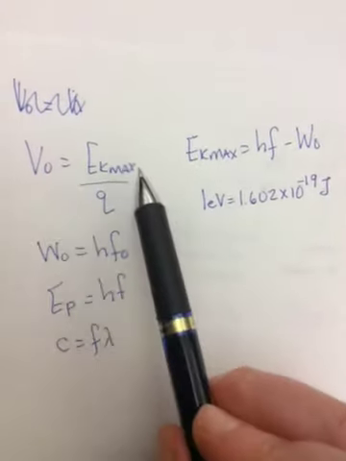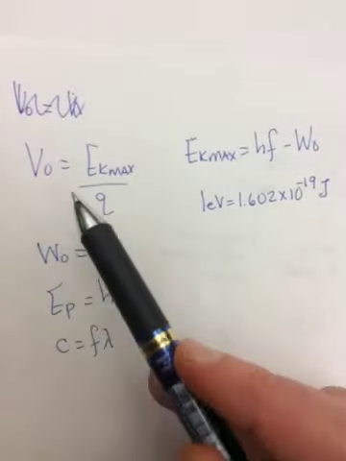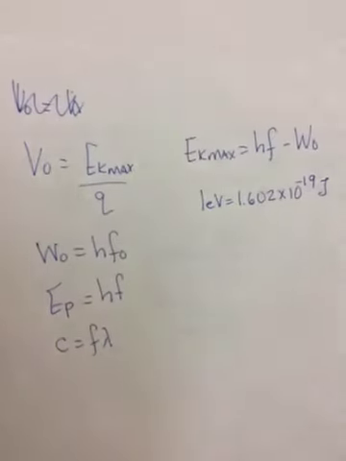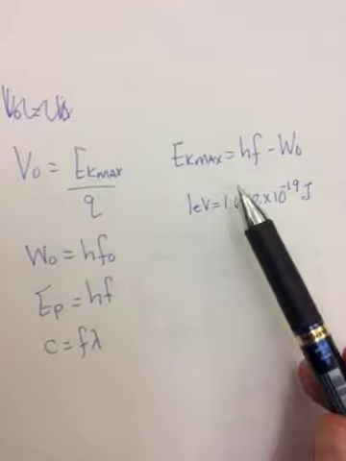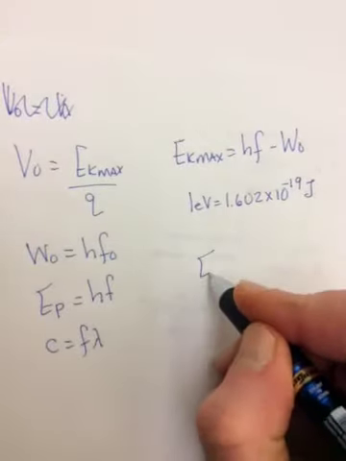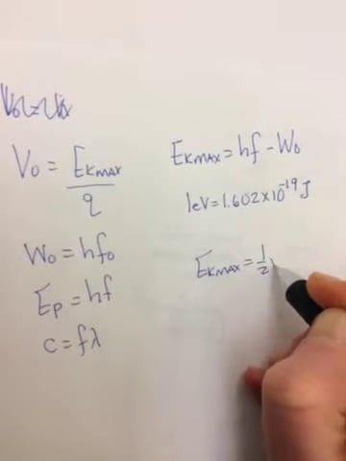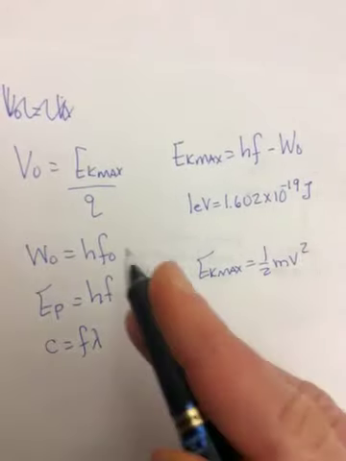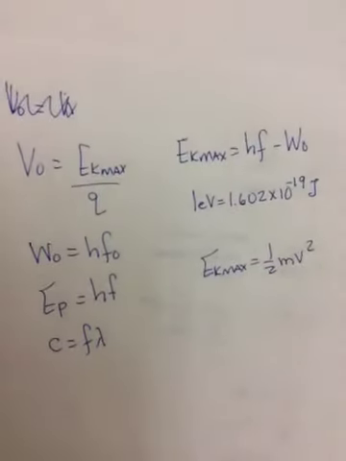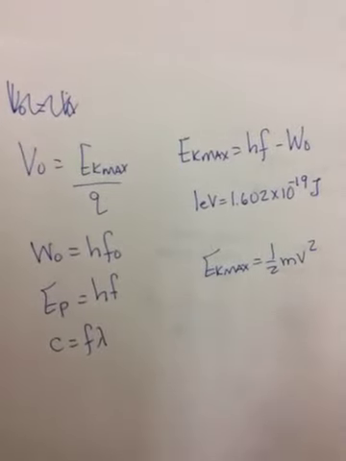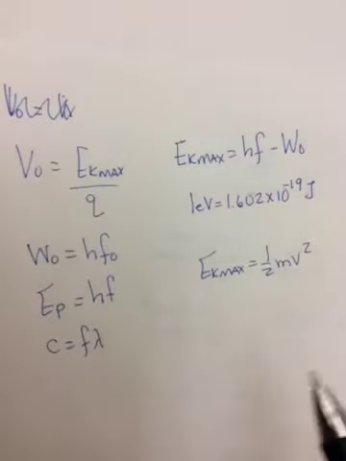So if it gives you the work function, you just figure out which one you're going to use. Oh, and of course, you know that EK max is kinetic energy, so it's going to be 1/2 mv squared. I think that's all of them. Okay, so now it's probably time to do a couple of questions to practice a few of them, but just a few.